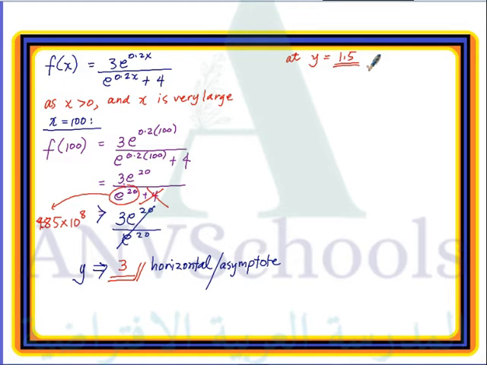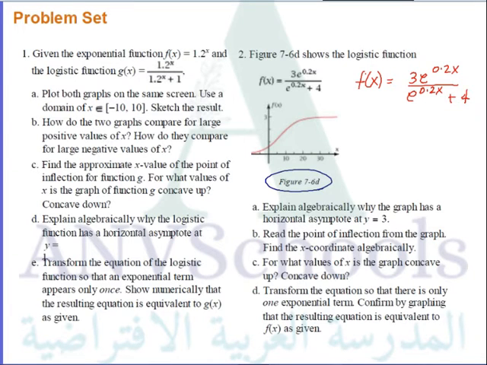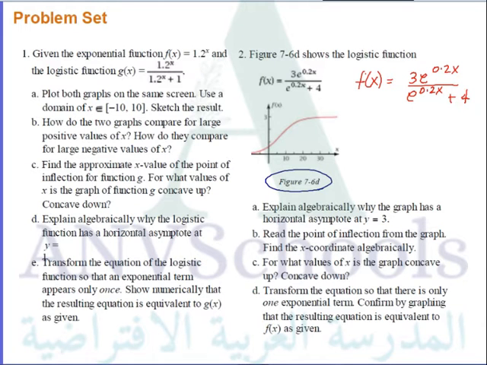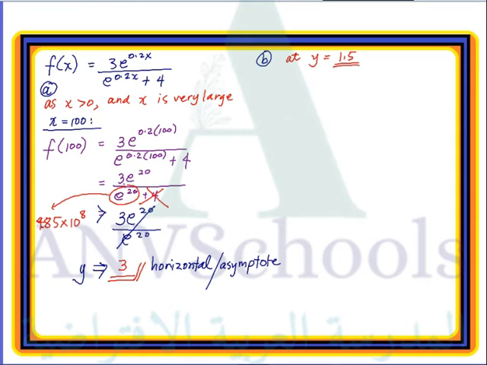So at y is equal to 1.5, you could actually solve for your value of x. Right? So let us do that. So we are finished with A. This is A. So this is B. Okay.